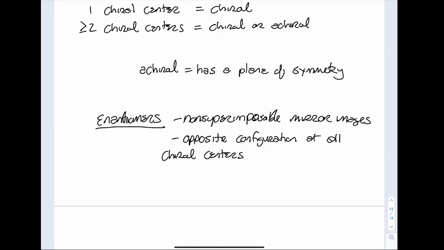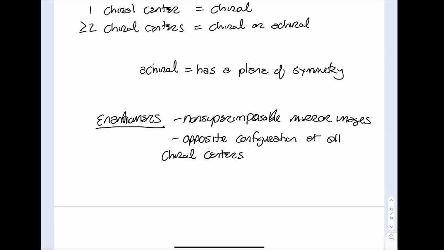If you had 4 chiral centers and say the first one was R and then S and then R, then its enantiomer will be S, S, R, S, right? Every chiral center is going to be the opposite. So mirror images of each other. If we try to line up those mirror images, we can't, so non-superimposable. And then my configuration at all my chiral centers are going to be the opposite.